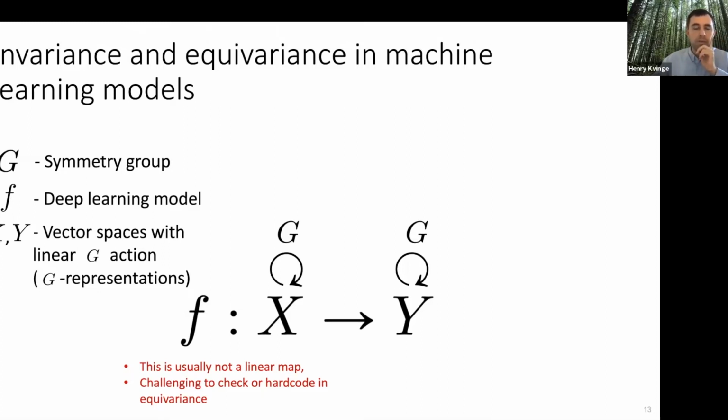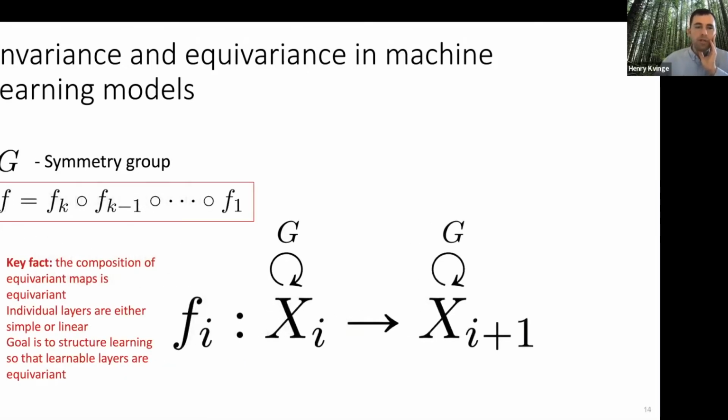So the problem is, if F was linear, then there's a lot of things that we could say, of course. When F is a really complicated, highly overparameterized function that we don't understand in many ways beyond just this, it becomes problematic to even check invariance or equivariance, depending on what you care about. So fortunately, of course, these models are frequently just the composition of simpler functions.